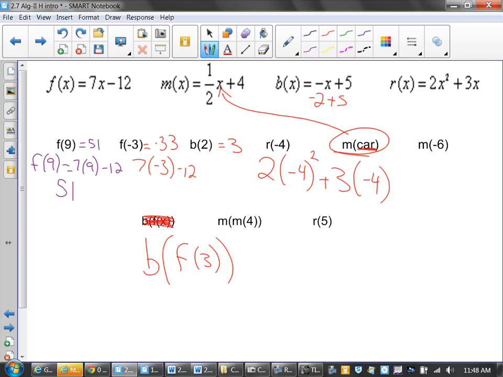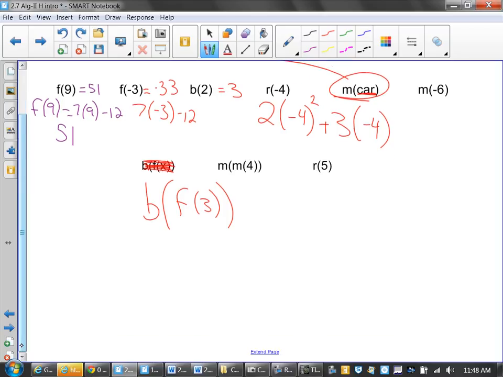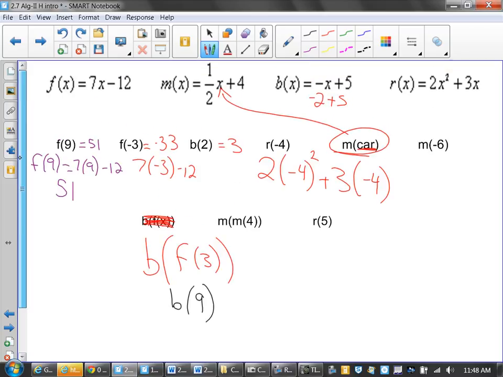So what's F of 3? Well, 21 minus 12, I get 9, right? So F of 3 equals 9. So now I get B of 9. What's B of 9? Well, -9 plus 5, you get -4.